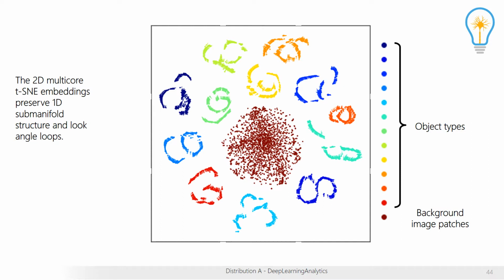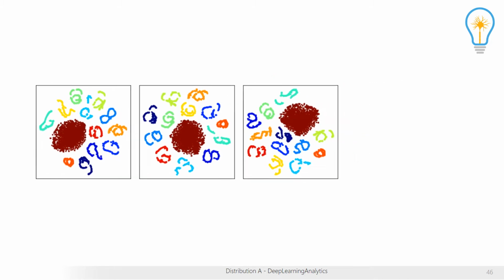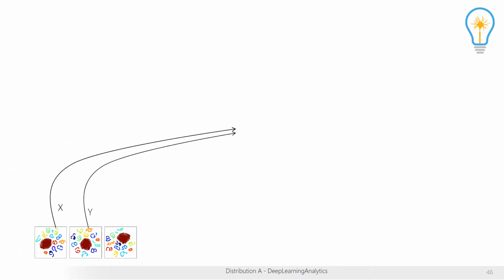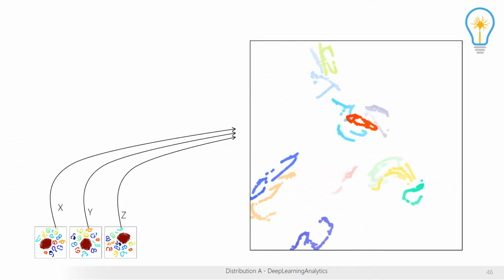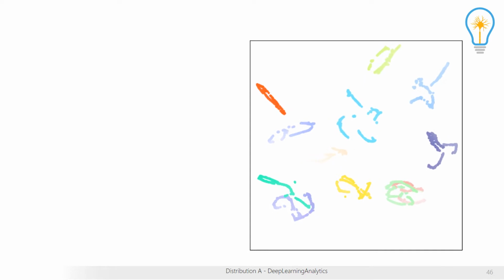In order to generate a 3D version of this 2D multicore embedding, we first selected 3 multicore embeddings with the chosen parameters at random. We then concatenated one dimension from each of these multicore embeddings into a single 3D embedding, which we call a 2.5D embedding, since it's really a 3D embedding cobbled together from multiple 2D multicore embeddings.